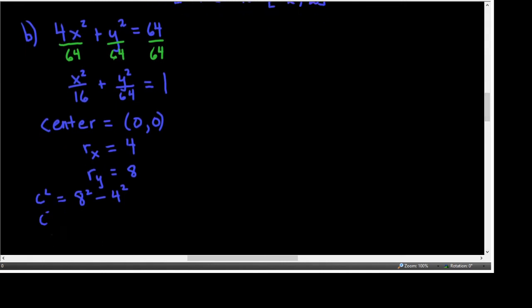And so 64 minus 16 is 48. And so c is the square root of 48. 48 is 16 times 3, so that simplifies to 4 square roots of 3.